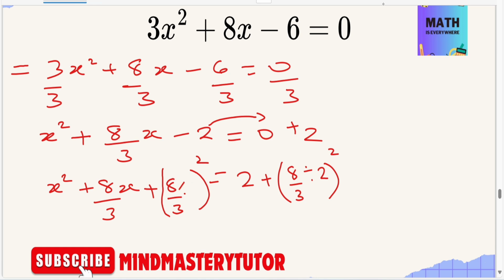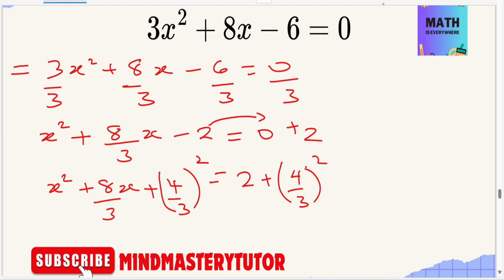It gives you 4 over 3. So hapa ndani ya hiyo bracket you have 4 over 3, in which of our square pia. So hapa pia ni the same thing. 4 over 3 squared.